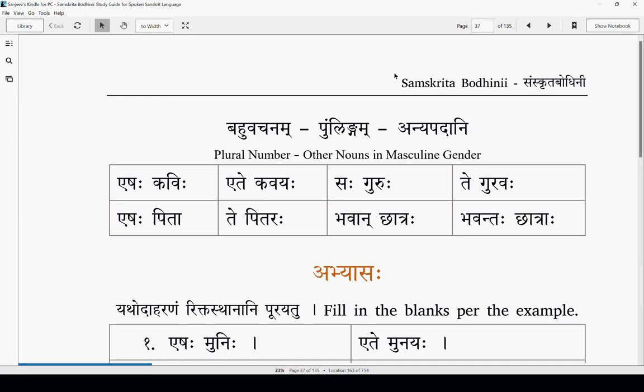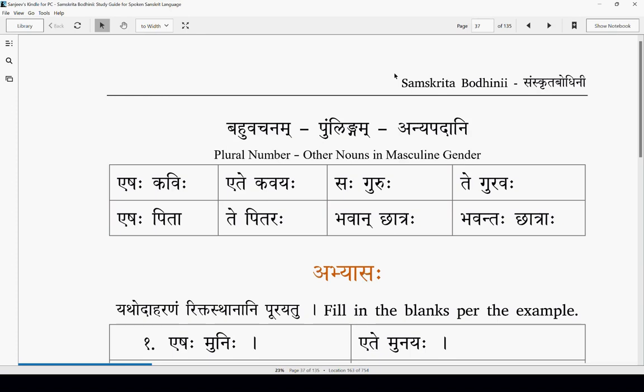We look at some of them which you may or may not be interested in at this point, but it's better to look at them anyway, because these are also commonly used. It is not like all the pullingas end in a only. These are also very common, like Hari, Kavi. What else did we see last time?